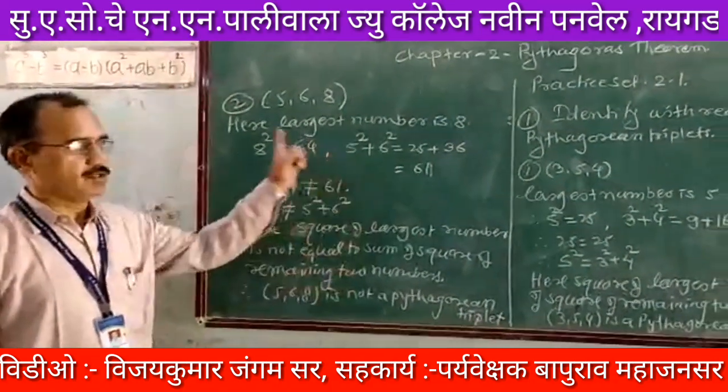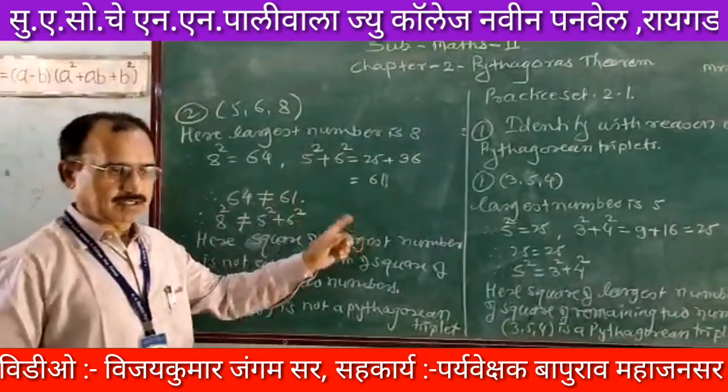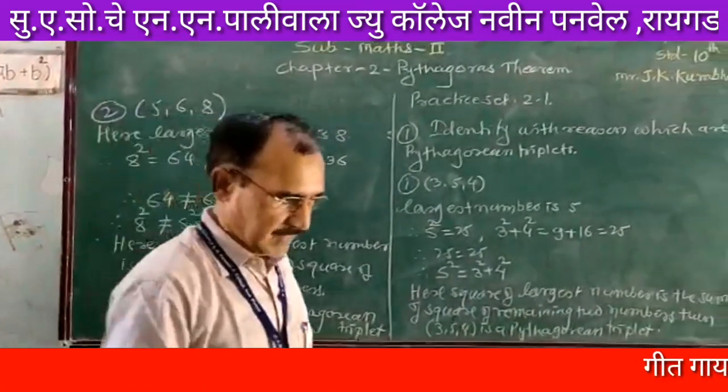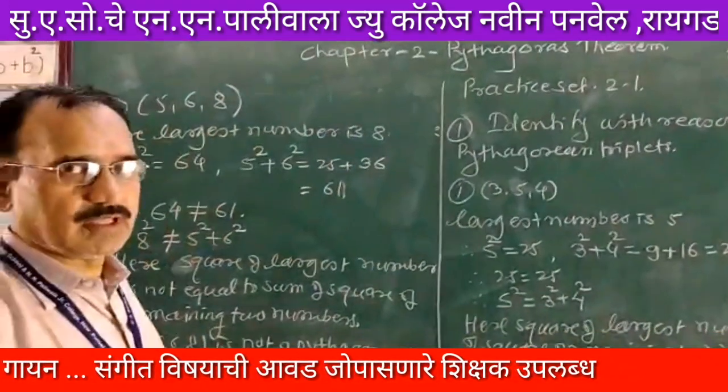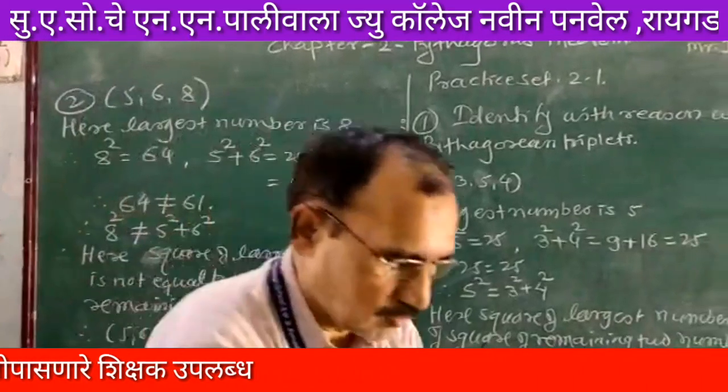Here we can identify which of these two are Pythagorean triplets and which is not, and then we are going to see the next example from practice set 2.1.